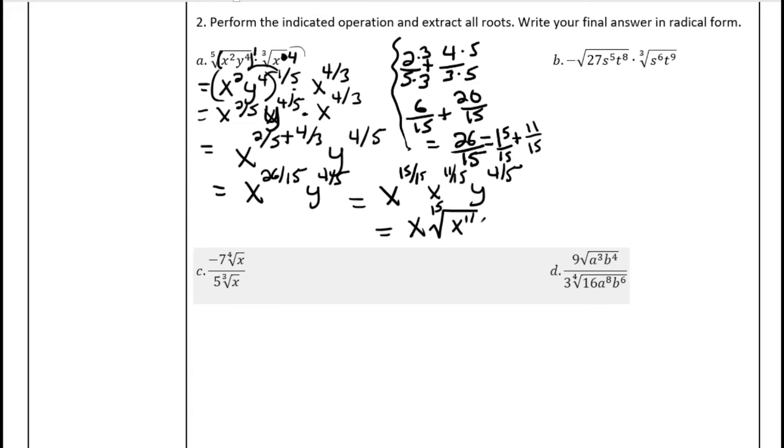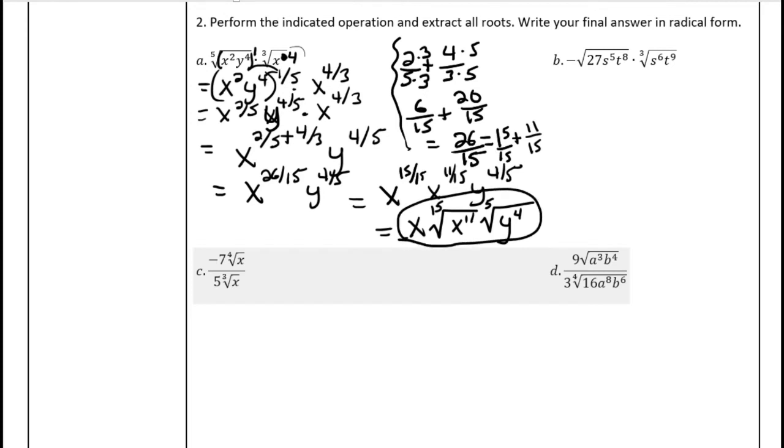And then for the y, the index is 5 and the power is 4. All right, and there's our final answer.